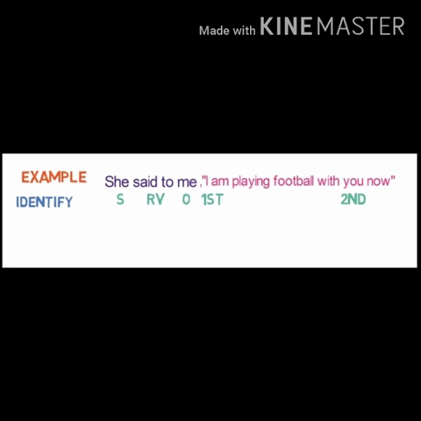She is the subject here. Said to is the reporting verb. Me is the object. I is the first person here and you is the second person. As said to is in past tense, let's check the tense. The speech is I am playing football, so this is in present continuous tense.